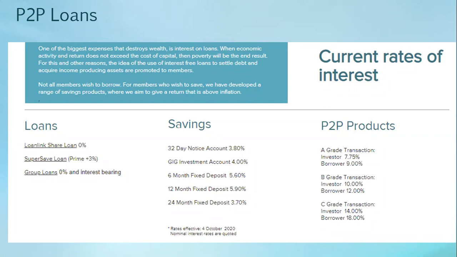The investor will receive 7.75% of it, and then 1.25% will remain for GEEK to do the administration of the loan on behalf of the investor and the borrower. If it's a B grade, slightly higher risk, the spread is 10% and 12%, and a more risky project like a brand new business that's not yet proven and tested could be 18%, with 14% going to the investor.